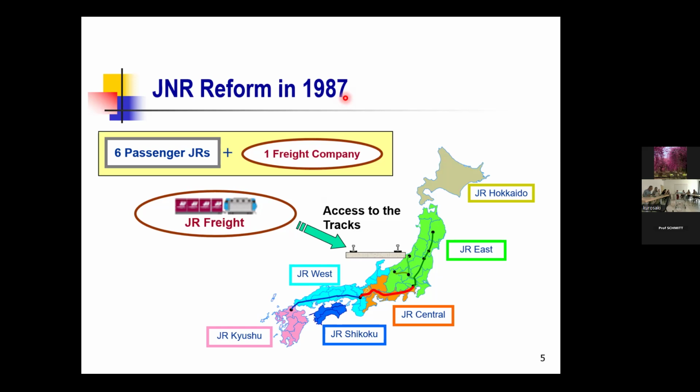The committee thought the reason for the inefficiency was the large size of the national railway. Then, at the time of JNR reform in 1987, the national railways were separated into 6 regional independent passenger railway companies.